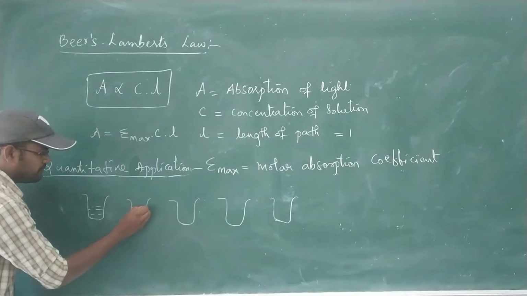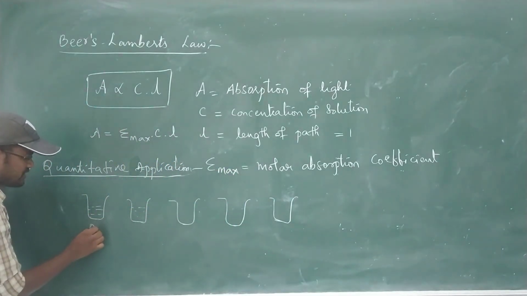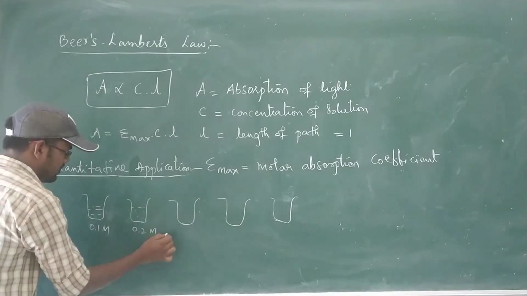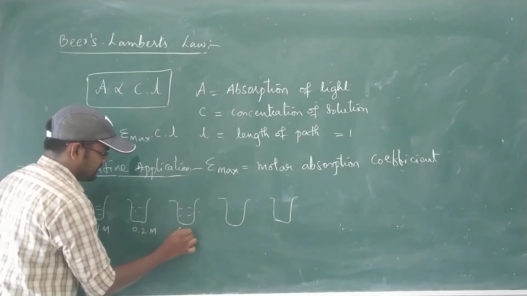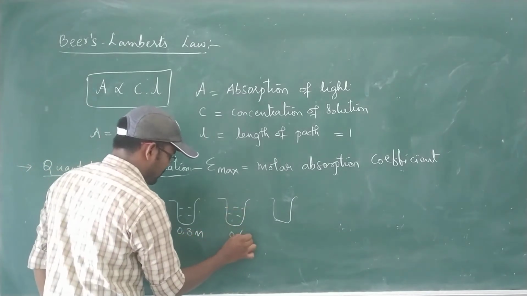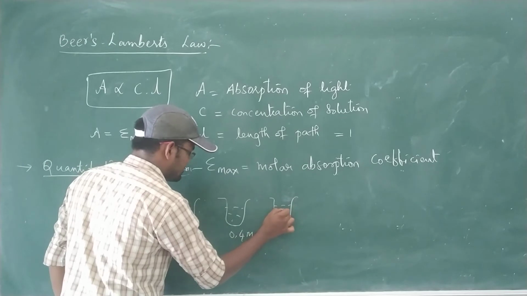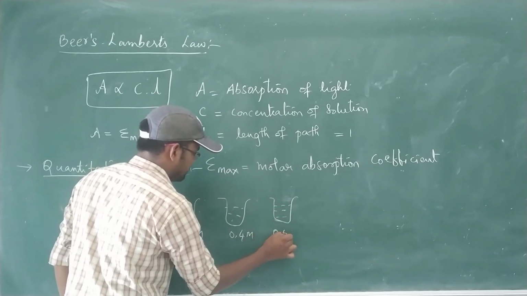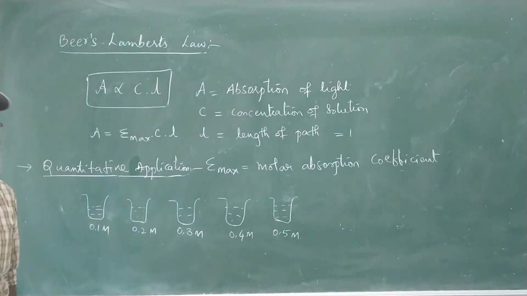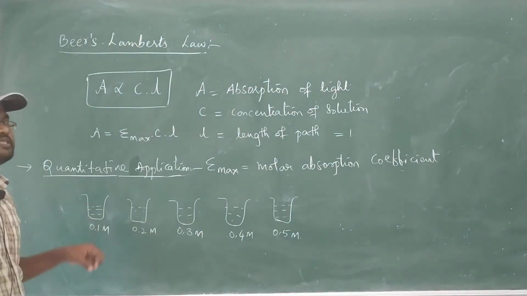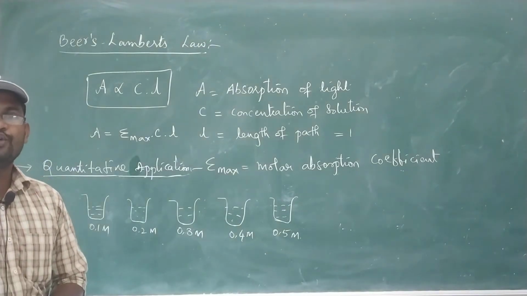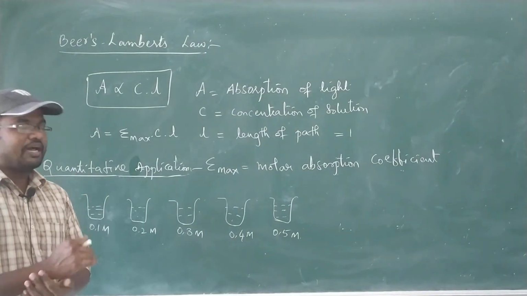For example, the first sample has 0.1 molar concentration, the second one 0.2 M, the third one 0.3 M, the fourth one 0.4 M, and the fifth one 0.5 M. We prepare 5 samples with 5 different concentrations, and every sample is individually placed in a spectrophotometer or colorimeter.